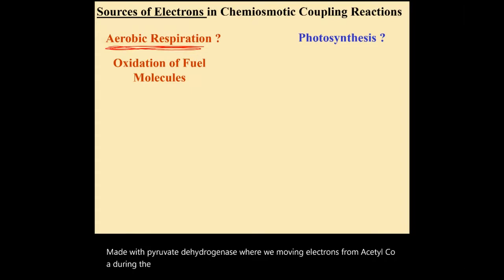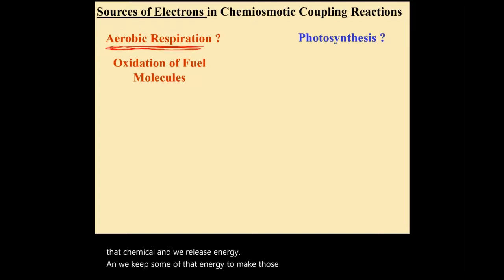When we remove electrons, we oxidize that chemical and release energy, and we keep some of that energy to make those electrons high energy electrons.